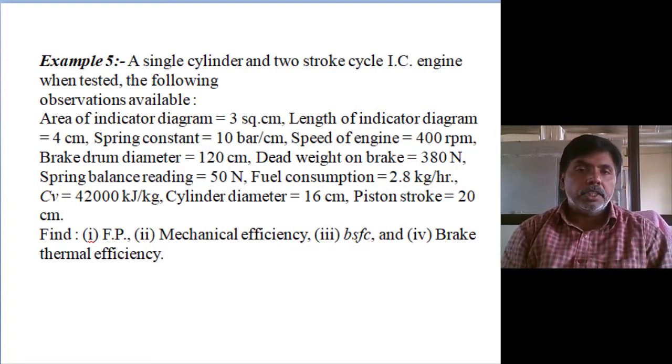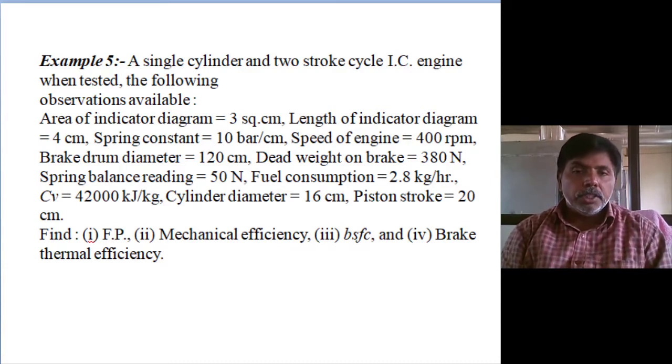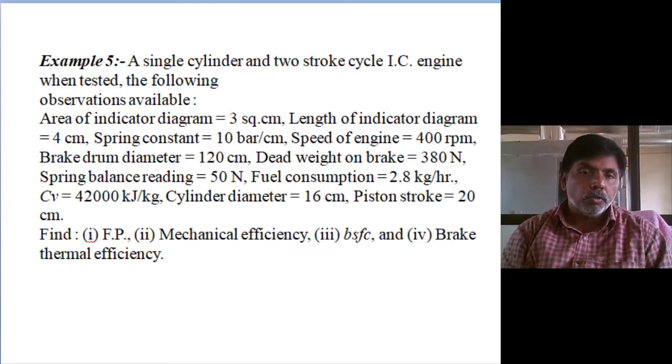Area of the indicated diagram 3 square centimeters, length of the indicated diagram 4 centimeters, spring constant 10 bar per centimeter. By using these three, you can determine the indicated mean effective pressure. Next, speed of the engine 400 rpm, so number of power strokes is also 400 because it is a two-stroke engine.